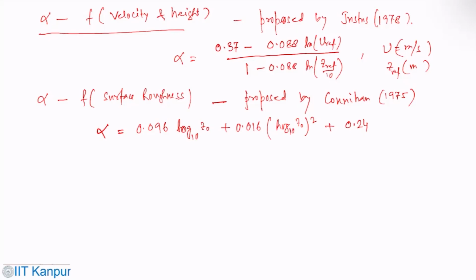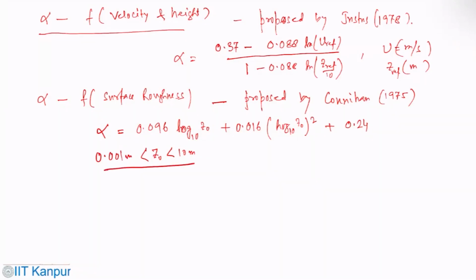The validity here is that Z0 is valid between 10 meter and 0.001 meter.